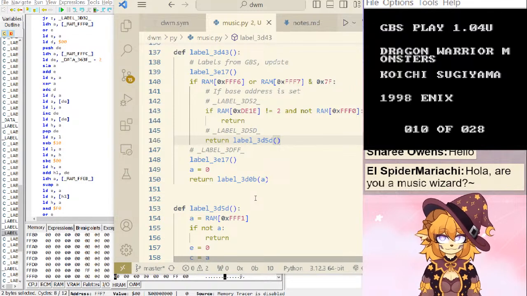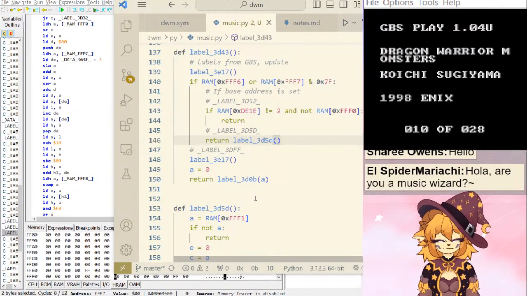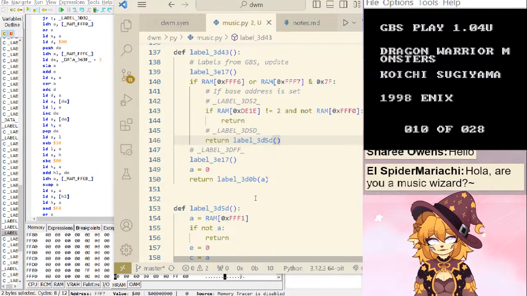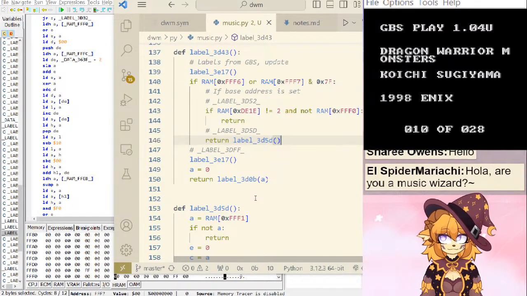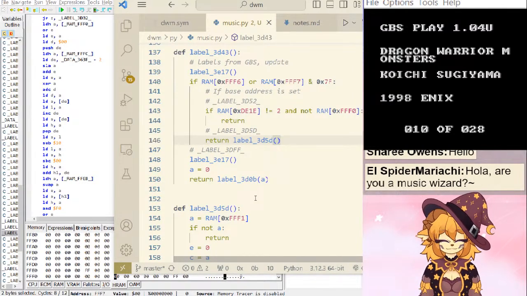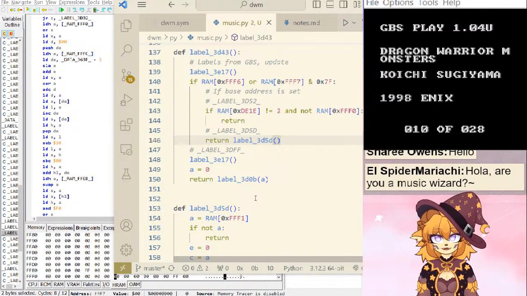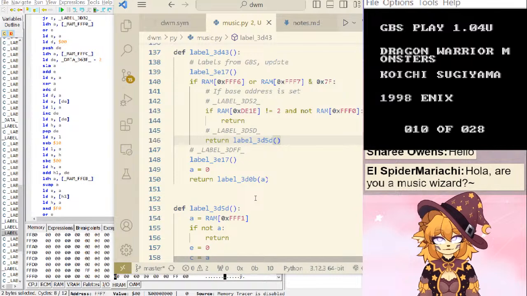Right now we are figuring out how the music in this game is implemented so that we can get the file format and turn it into a more editable format. And then we can do more music-y stuff with it. But I'm not good at actual music production. I'm just a novice at that.